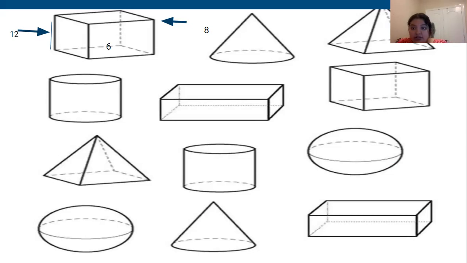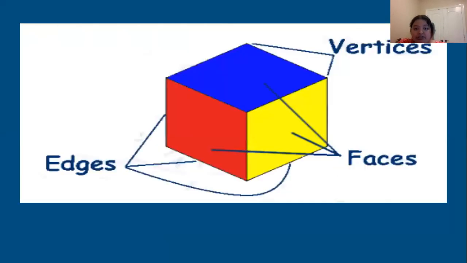And so that's why you're going to have to do it. Make sure you pay attention because we are going to have a quiz coming up once you're completed with this assignment. So ask a friend, and if a friend doesn't know, come and ask me, and we'll go through it again. And so I'll leave this on the board to make sure you guys remember what is a vertice, what are faces. So vertices again are connections between the two edges, and edges are the edge of two faces.